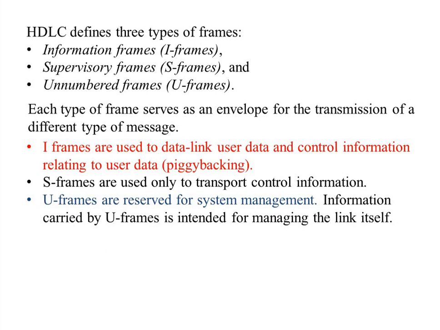The second one is the S frame, the supervisory frame, and the third is the U frame, the unnumbered frame. This is the theoretical basis on which the PPP format is based. So SDLC forms the base for that PPP format, so we need to study this.